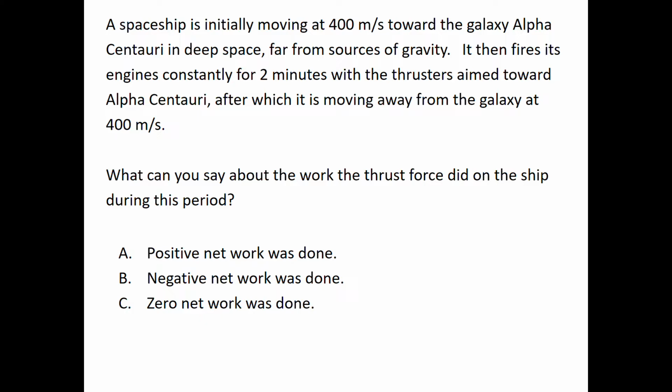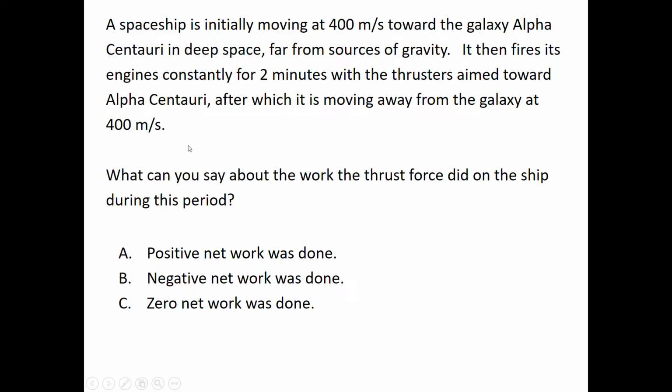That's going to try to get it to start moving away from Alpha Centauri. It goes from going at 400 meters per second toward it to 400 meters per second away from Alpha Centauri after 2 minutes of firing the thrusters. Okay, those are our initial and final states.